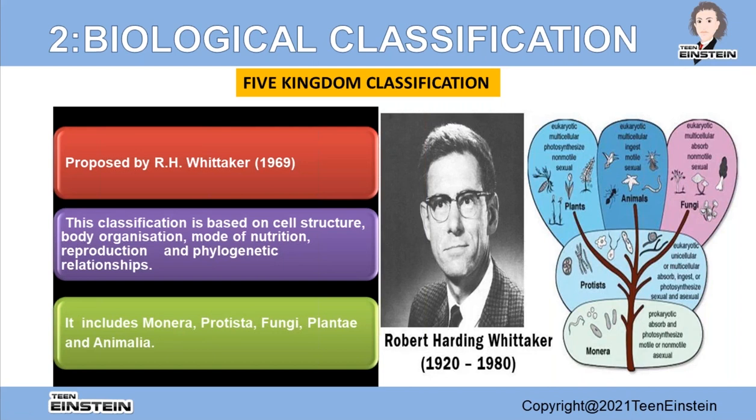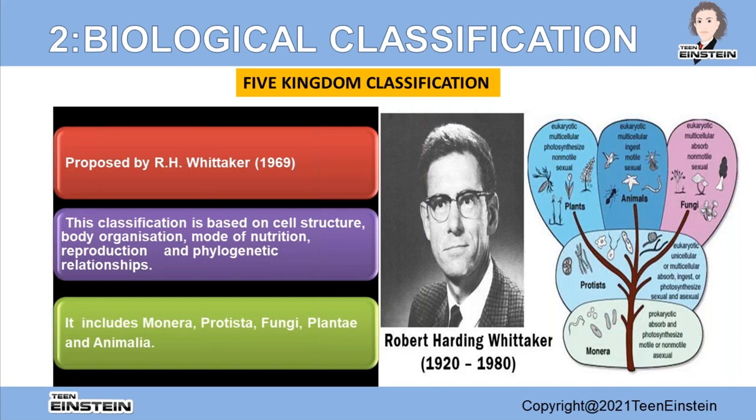Next, after all these things, a scientist named R.H. Whittaker, in 1969, proposed the five kingdom classification. This classification was based on body organization, cell structure, reproduction, phylogenetic relationship, and mode of nutrition.